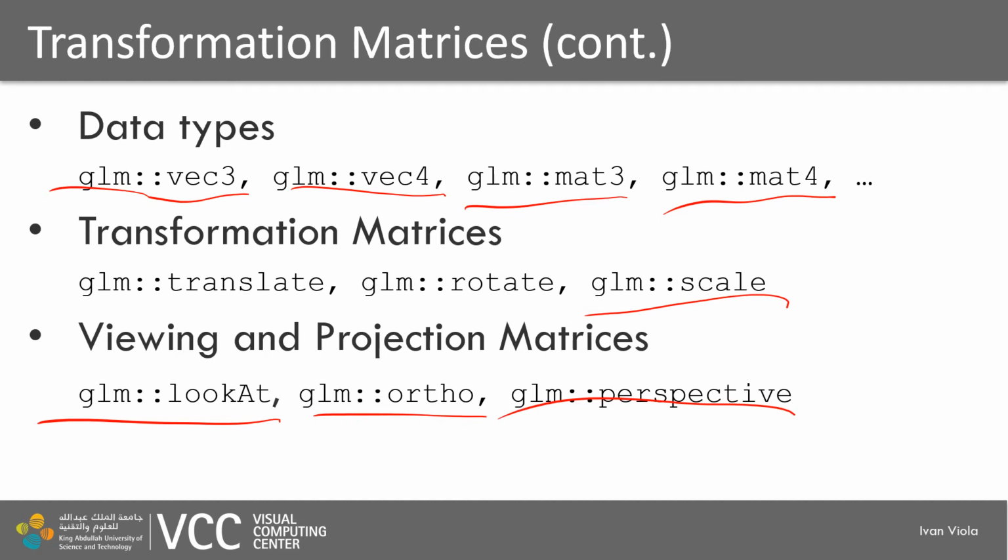So all this is available in GLM, which could be used. One could implement it on his or her own, or use a different support of math structures for OpenGL. We will be using GLM here for these examples on the host side.